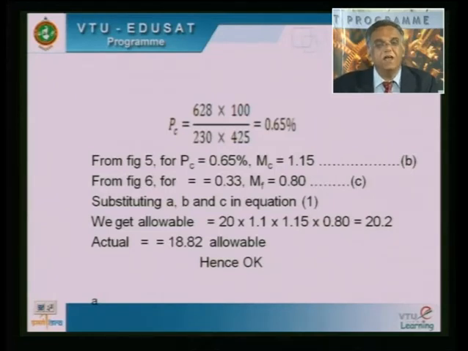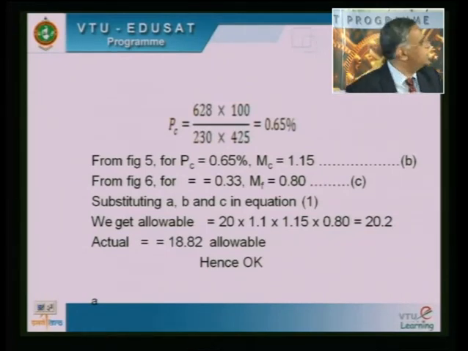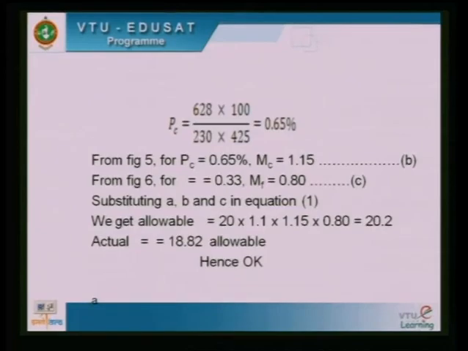Now let us go to the next figure 6, where you are going to pick up the value of MF. For BF by BW, you know the value of BF and BW. For this BF by BW, you can get the value of MF, which has come to 0.80 in this case. Substitute all these in the equation which has already been given.